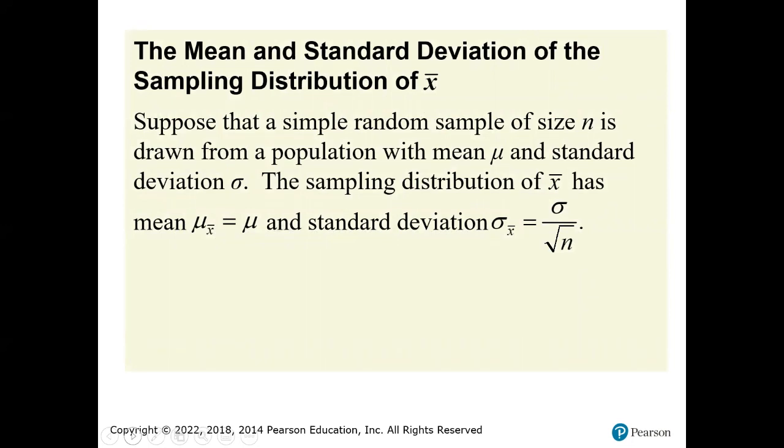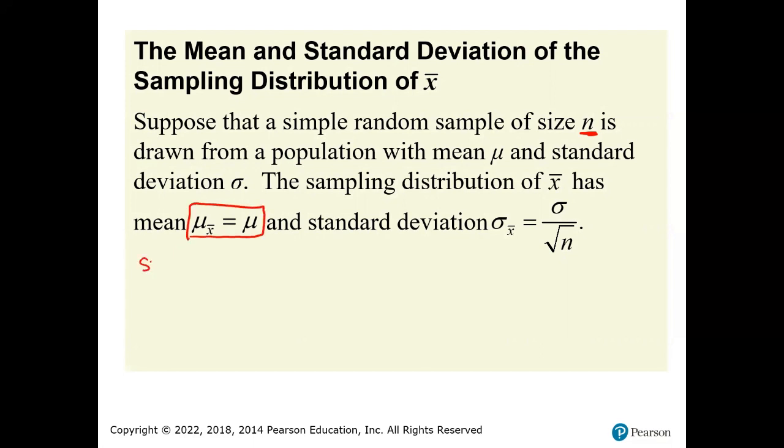There is. Anytime we take a simple random sample of size n drawn from a population, and we're given our population mean and standard deviation, the mean of the sample equals the mean of the population.